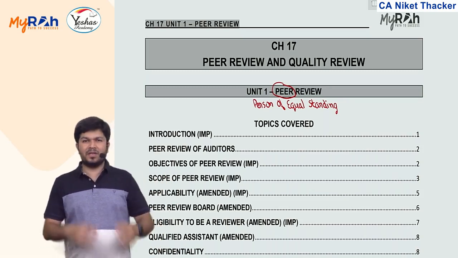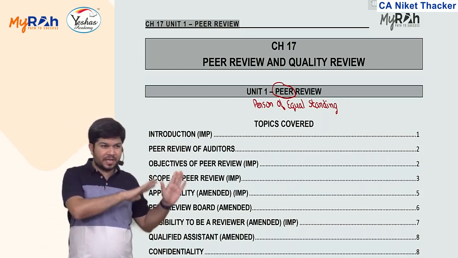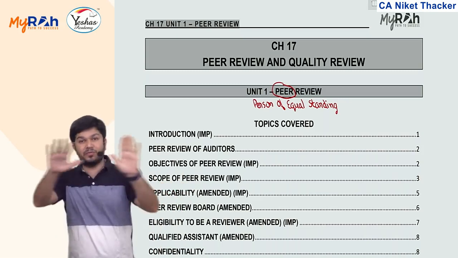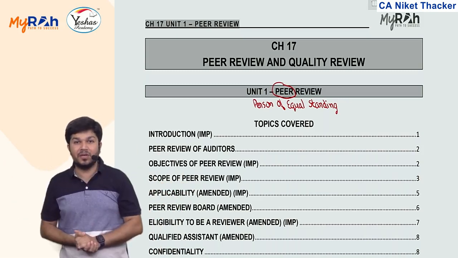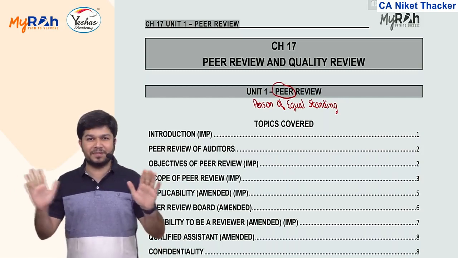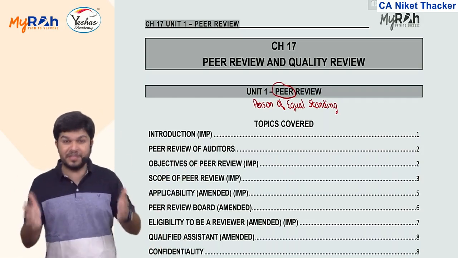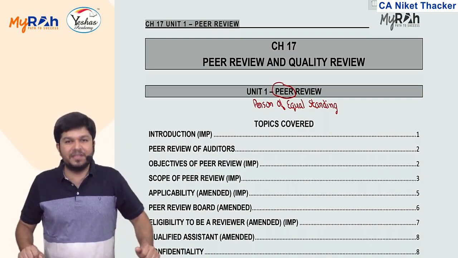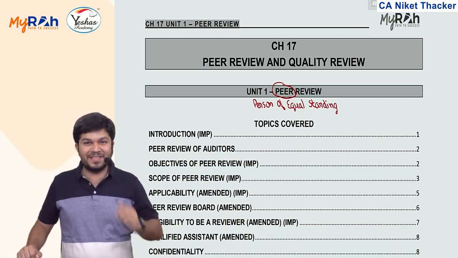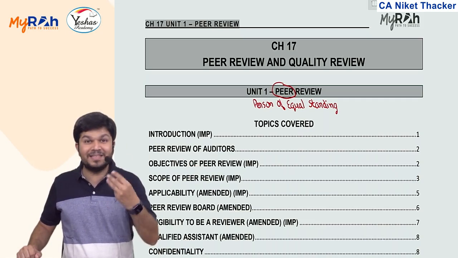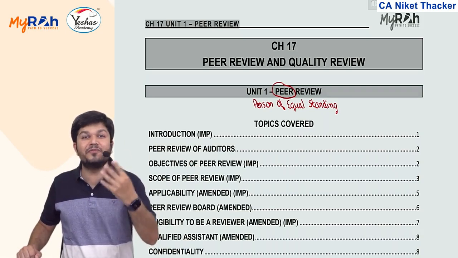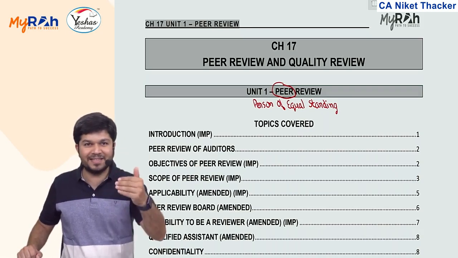Now, sir, okay, ICAI sends one chartered accountant to review the work of another chartered accountant. Would peer review come every year? Like whether a chartered accountant will come and see my work every year. It's not every year. The ICAI sends one to your place once in 3 years or once in 4 years. We have categories.